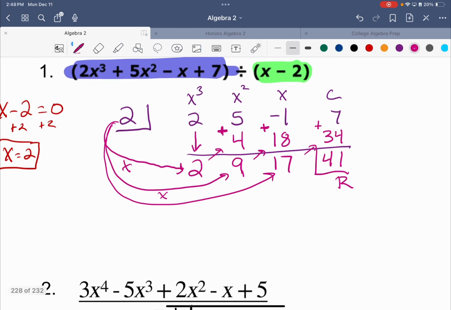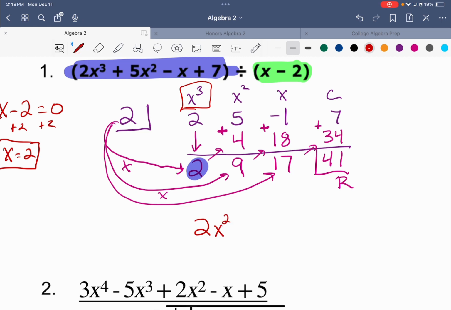So now we have to write the solution. The solution for 2x cubed plus 5x squared minus x plus 7 divided by x minus 2. We're going to take this number, that's going to be our new leading coefficient. And we started with x to the third.